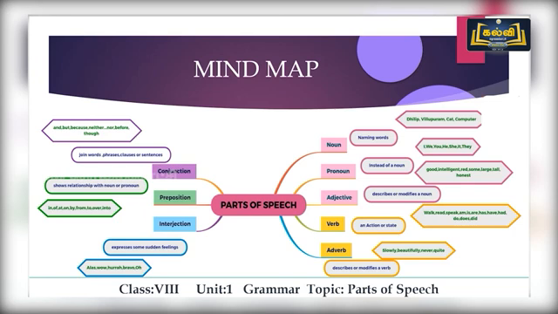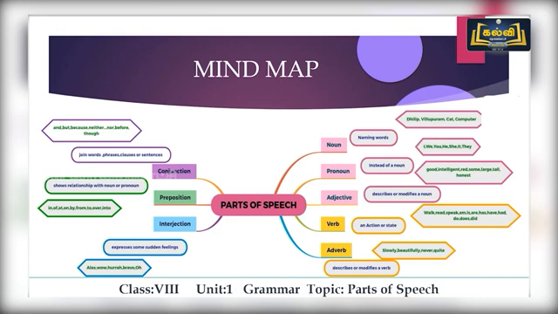Adjective describes or modifies a noun. For example, good, intelligent, red, some, large, tall, honest. Verb. Verb denotes an action or state. Walk, read, speak, am, is, are, has, have, had, do, does, did.